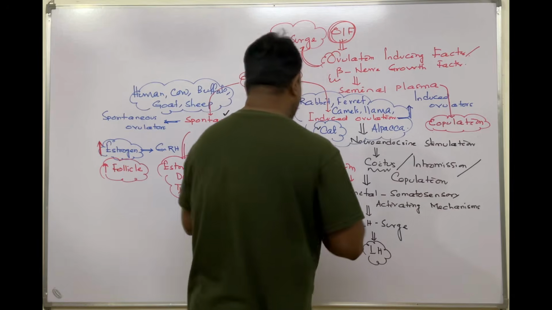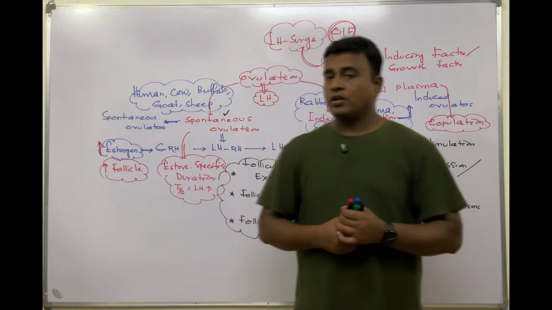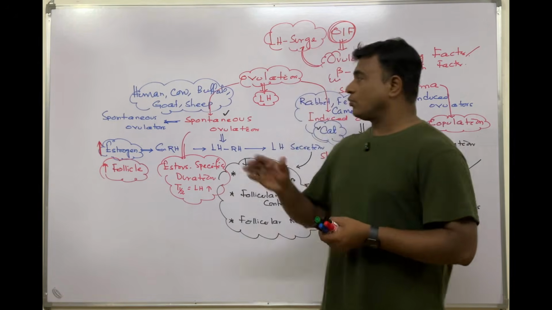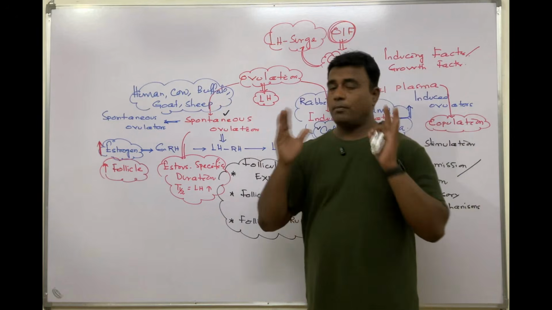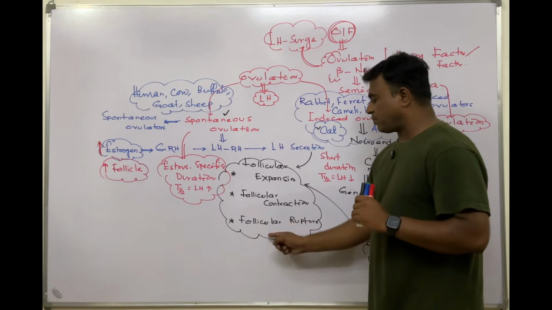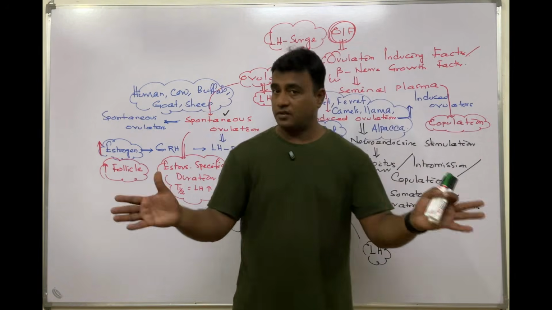With this, the lecture came to an end, where we understood that there are two types of ovulatory mechanisms and two types of ovulation seen. The mechanism of ovulation is the same in both cases, that is expansion, contraction and rupture. However, the release of LH is different.